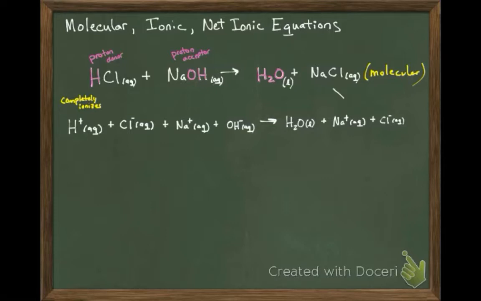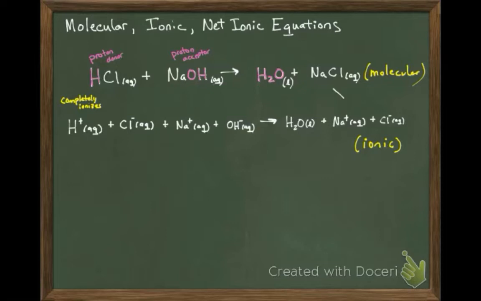But here we're showing them as separated ions. And this equation that we've just written is called the ionic equation, sometimes a complete ionic equation, or at least that's what is used in the precipitation reactions, and I'm using that same terminology here for the neutralization reactions.